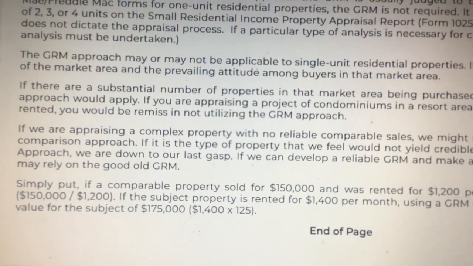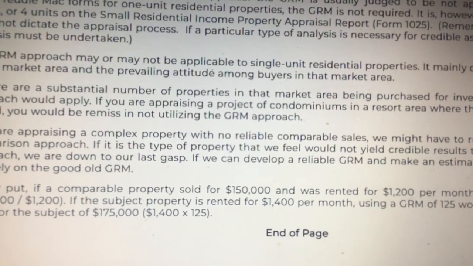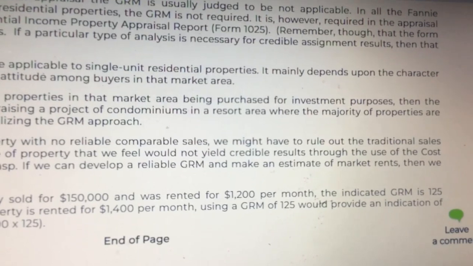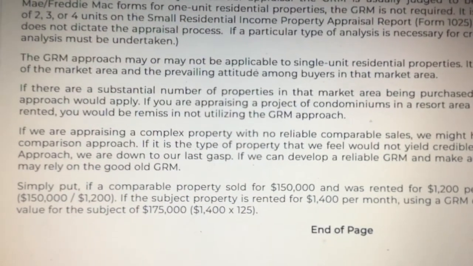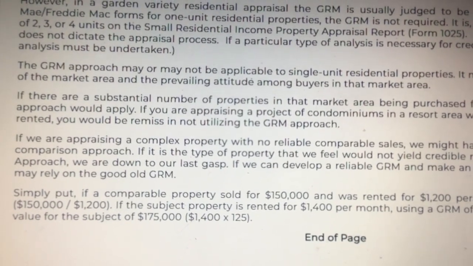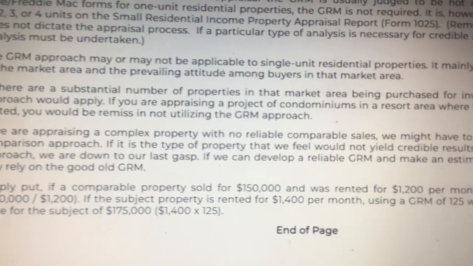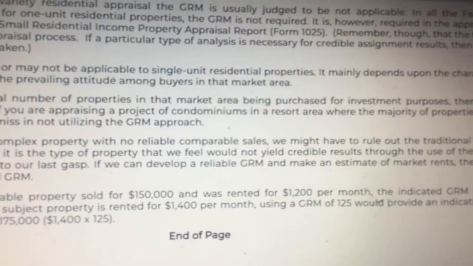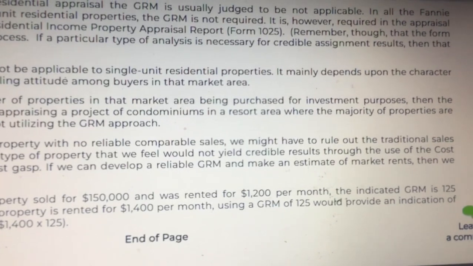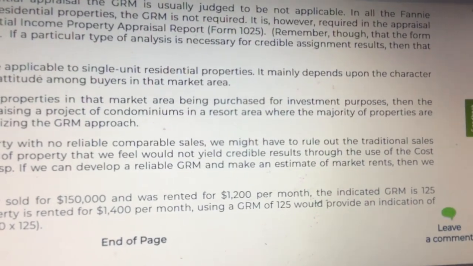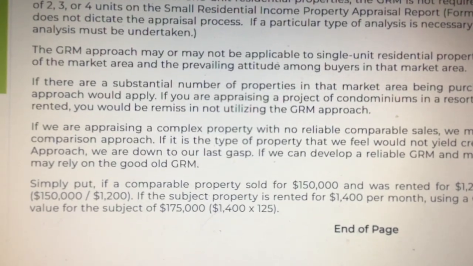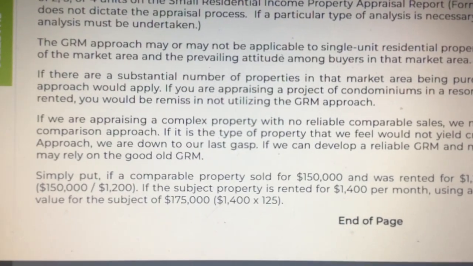If it is the type of property that we feel would not yield credible results through the use of the cost approach, we are down to our last gasp. If we can develop a reliable gross rent multiplier and make an estimate of market rents, then we may rely on the good old gross rent multiplier.